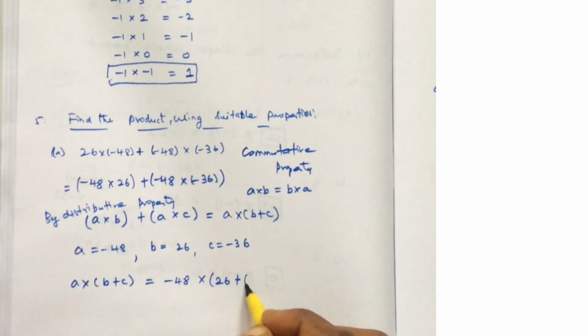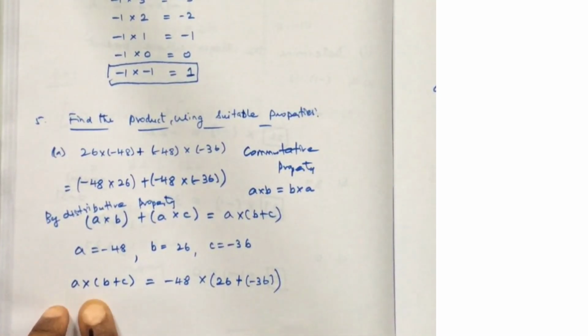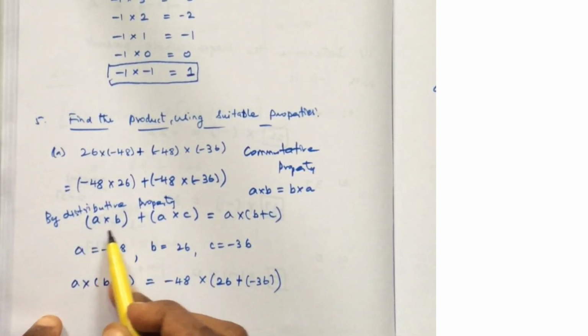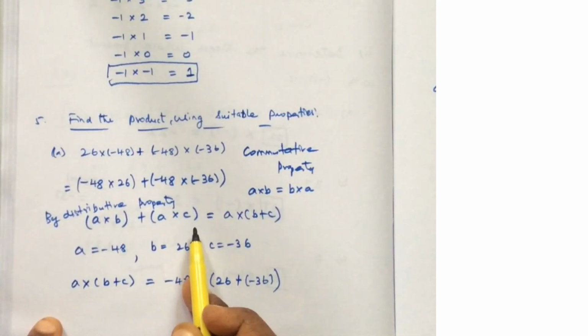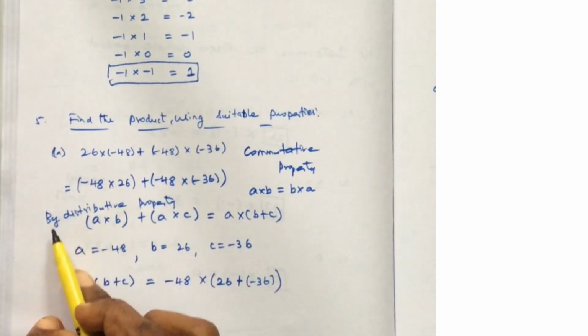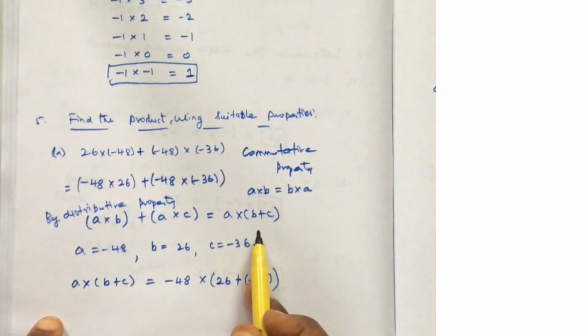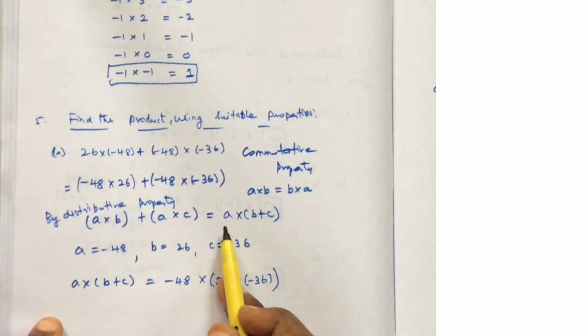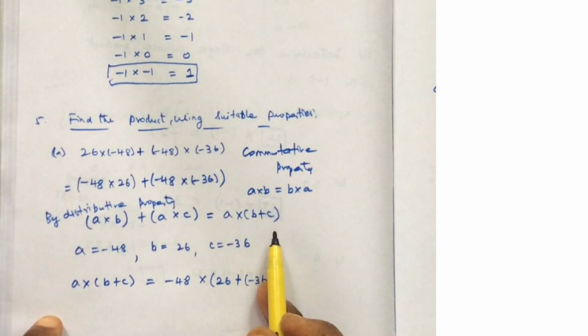C is minus 36. So write inside the bracket. Okay, A multiplied by B plus C. In the question it is given in the form of A multiplied by B plus A multiplied by C. You should not solve in this form. Using this property you have to convert to this form, which is on the right hand side: A multiplied by B plus C.